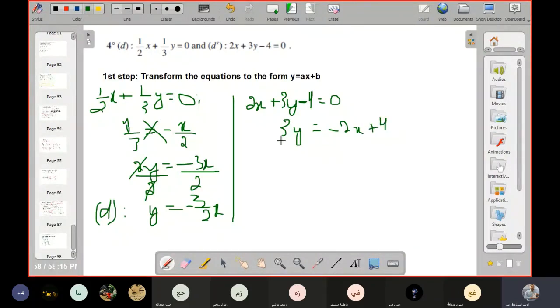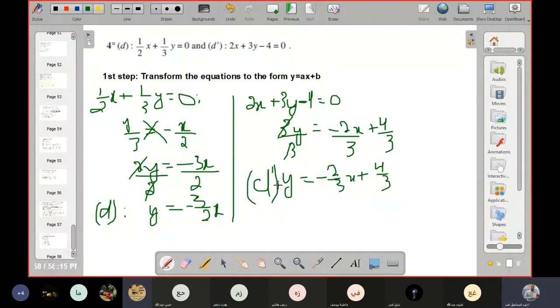Then we divide both sides of the equation by 3. We get y equal minus 2/3x plus 4/3. Clear? This is the equation of line D prime.